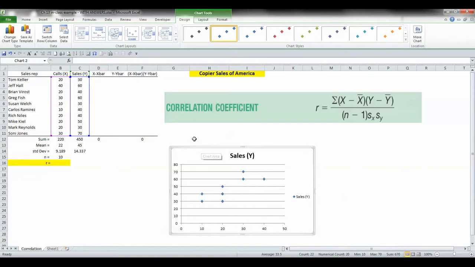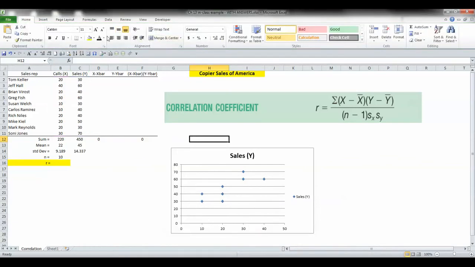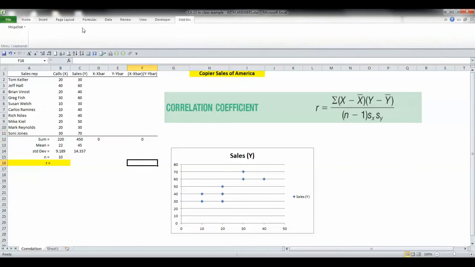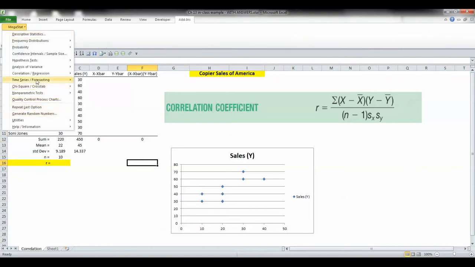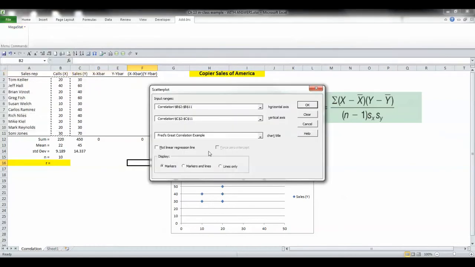What we want to find out now is how strong of a relationship, or correlation, there is between the two. And just as an aside, we'll go in here, look at the add-ins to the MegaStat, go down to Correlation, Scatter Plot, and you can see that I already have the data in there, but let's just take it out. Remember with MegaStat, we don't get the labels, just the actual raw data.